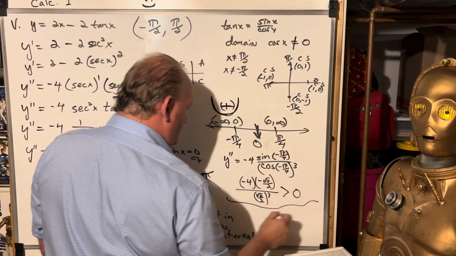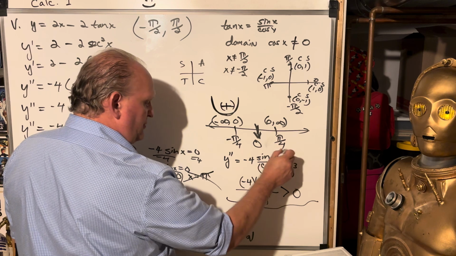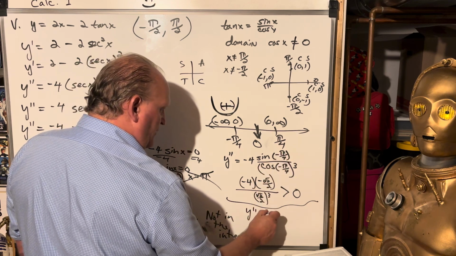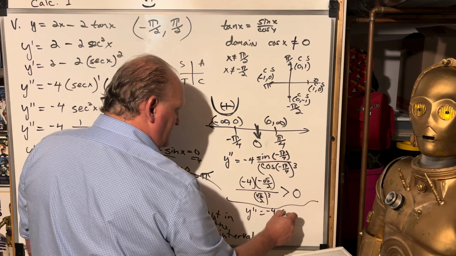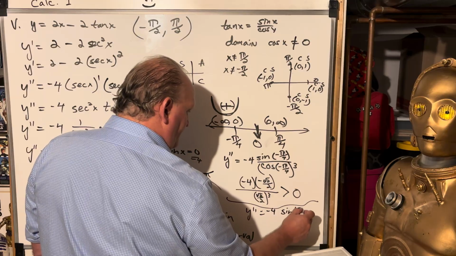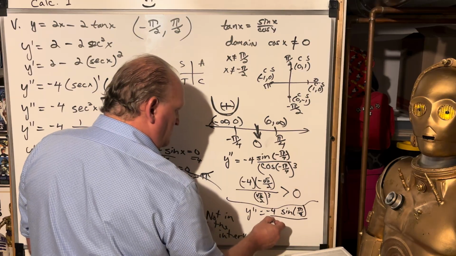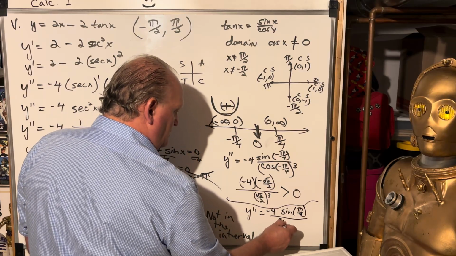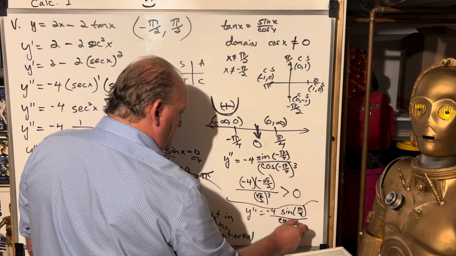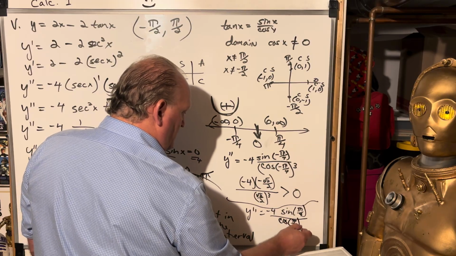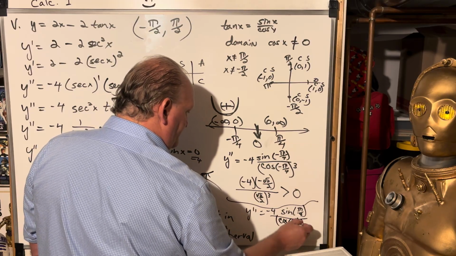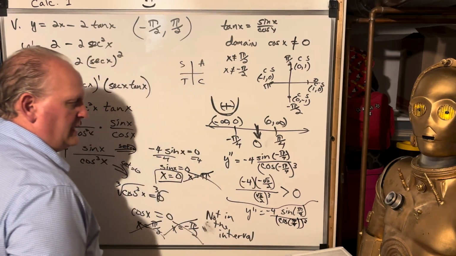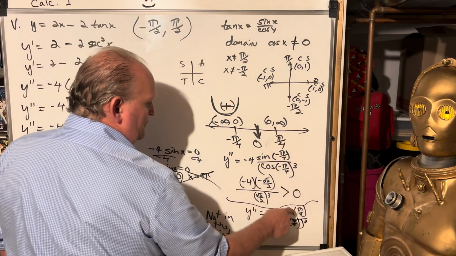All right. Y double prime, we're going to put in just negative 4 times the sine of 45 degrees over the cosine of 45 degrees. And then cube it. So again, that is the square root of 2 over 2 times negative 4.